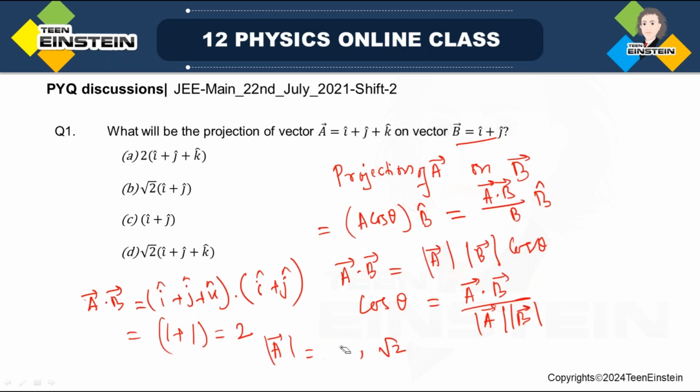Okay, let us write B cap, B, sorry, modulus of B. So modulus of B is root 2 actually, root 2. Okay, so let us put this here. This we get 2 divided by root 2, and further this B cap will be actually I plus J divided by root 2 again. So finally this will be I plus J.